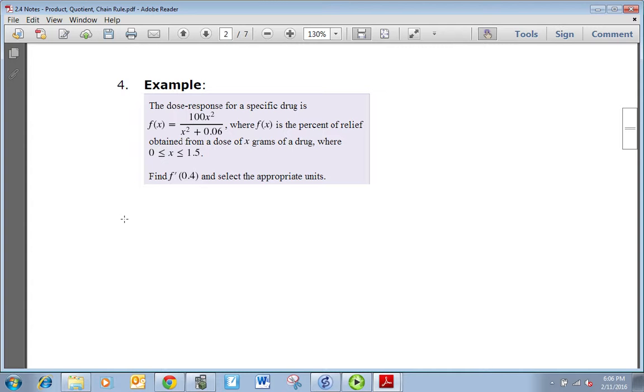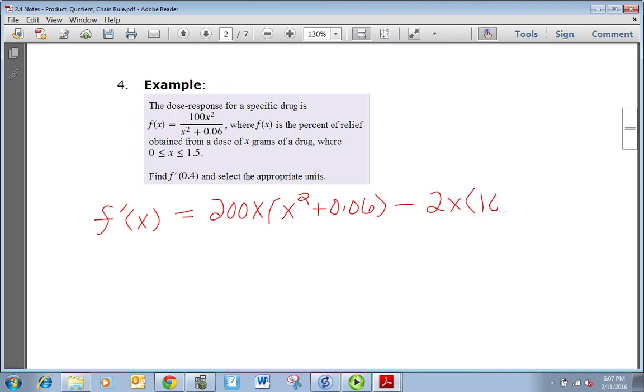Alright, so the derivative of f of x is going to be derivative of the top, 100x squared, derivative would be 200x. Multiply that by the bottom, that's x squared plus 0.06. Subtract the derivative of the bottom, which is 2x, and multiply that by the top, 100x squared.